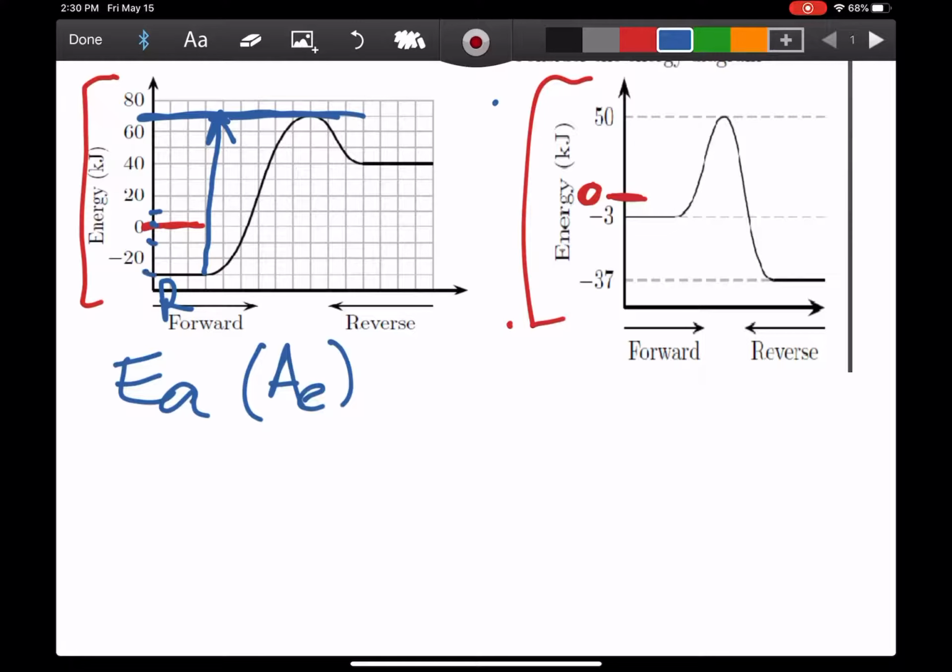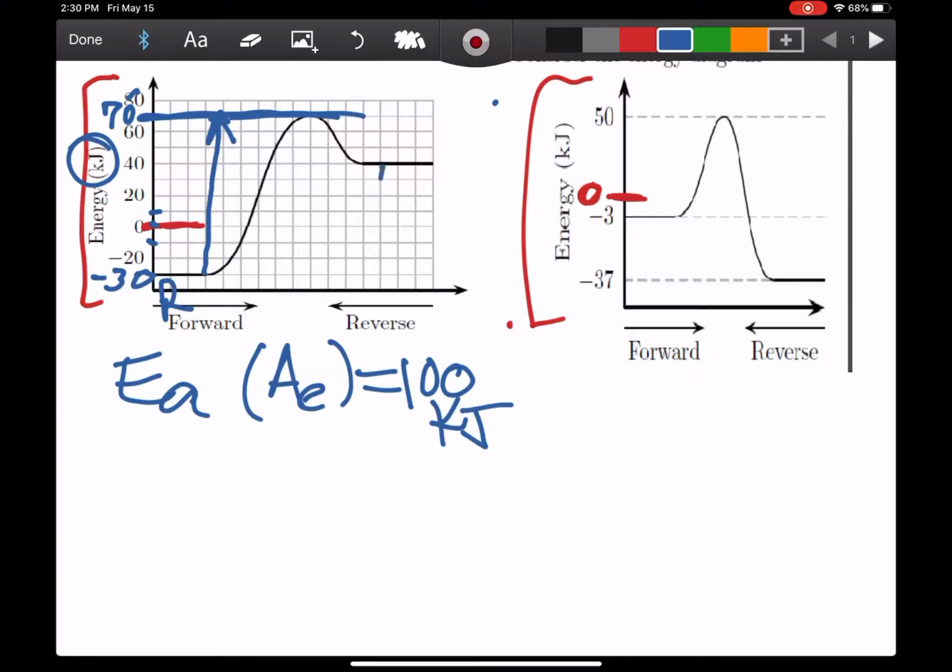So we're actually at -30 here, and we're going all the way up to +70, because it's right between 60 and 80. So the difference between -30 and +70 is going to travel to 0, which is 30, and then up 70. So EA is actually 100, look at the scale, kilojoules. So watch out for things like that.